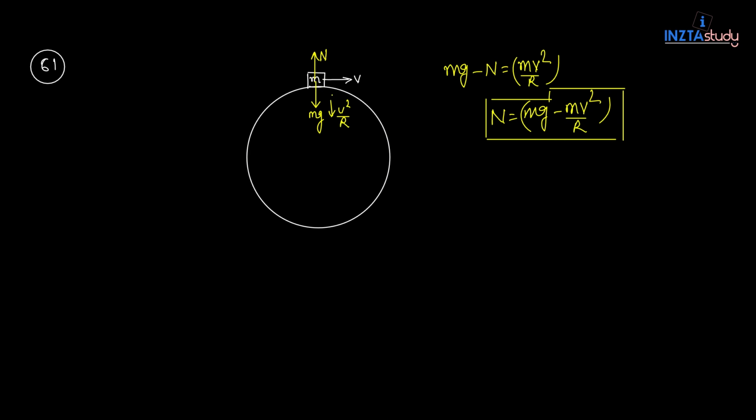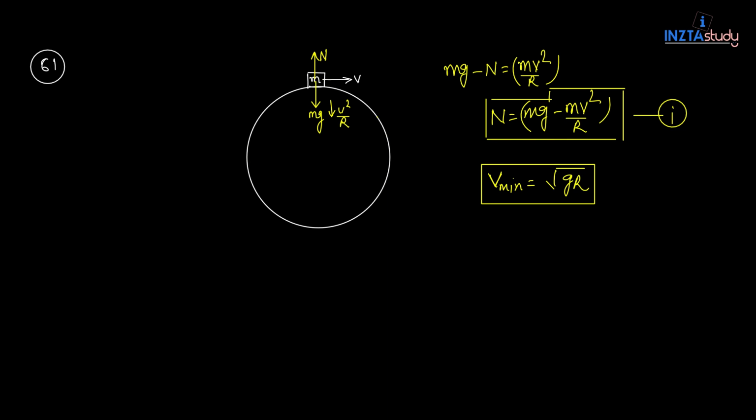To make it lose contact, the normal force becomes 0. So from this equation, if normal becomes 0, the minimum speed we need to impart is root under gr. If we substitute normal as 0 in equation 1, we get the velocity root under gr. So if we impart a velocity more than root gr, it will definitely lose contact and fly over.